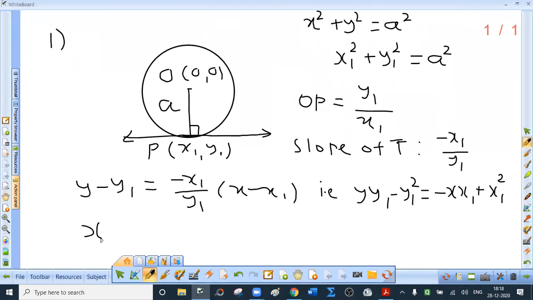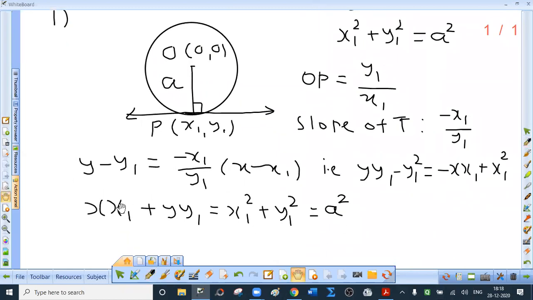So I get xx1 plus yy1 equal to x1 square plus y1 square. But note that x1, y1 lies on the circle. So coordinates will satisfy the equation. So x1 square plus y1 square can be replaced by what? By a square. And therefore, what is equation of tangent? xx1 plus yy1 equal to a square.